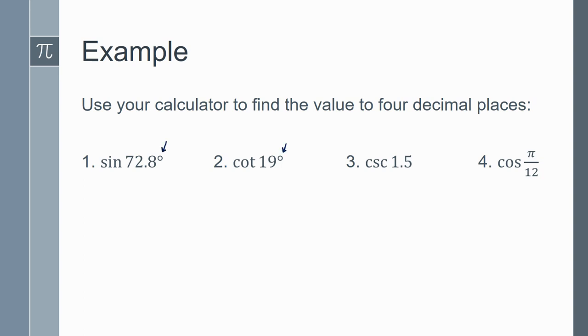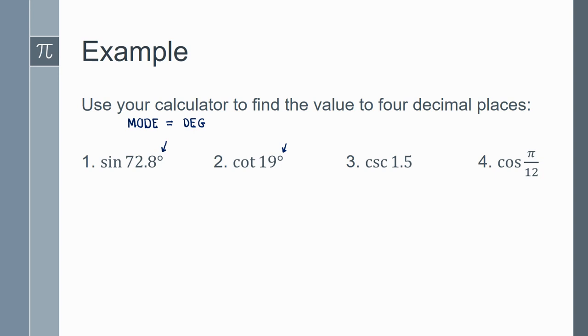That means you need to make sure that if you click on the mode button, now a lot of people's calculators might be a little bit different, but there is a mode button. In a lot of them, they're next to the second button. You want to make sure that you have the 3 letters DEG highlighted. That's for degree, the mode that we want for these first two because we have degree symbols.